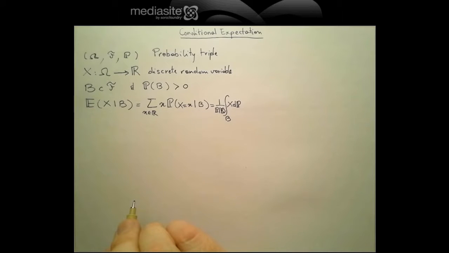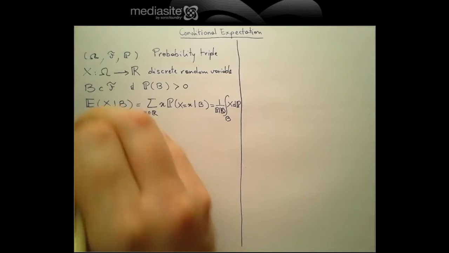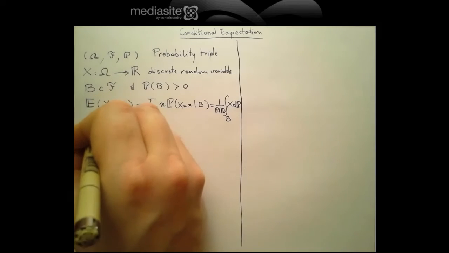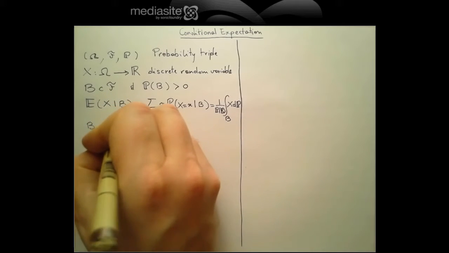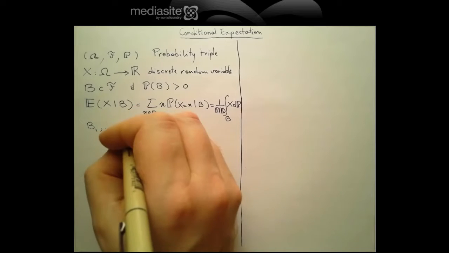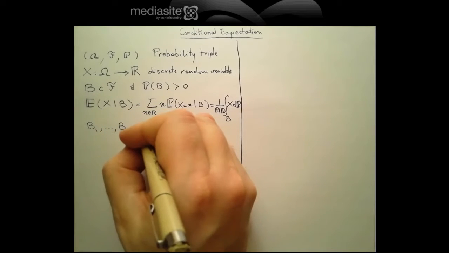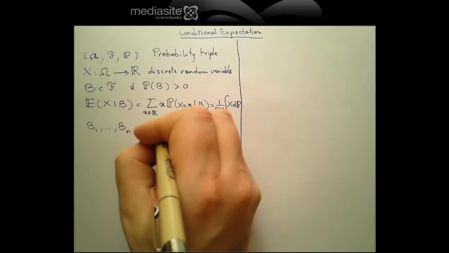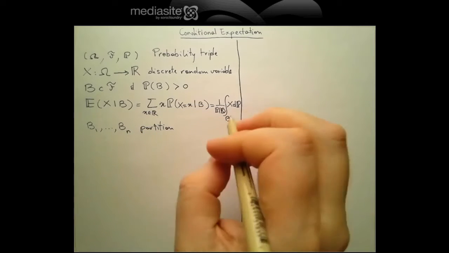Now, suppose you have a partition, right? So suppose you have some number of events B1 through Bn, and these form a partition of omega.